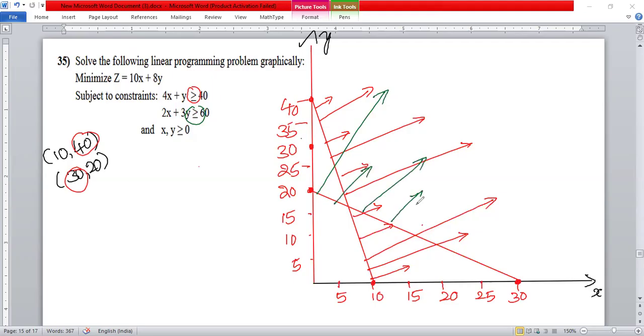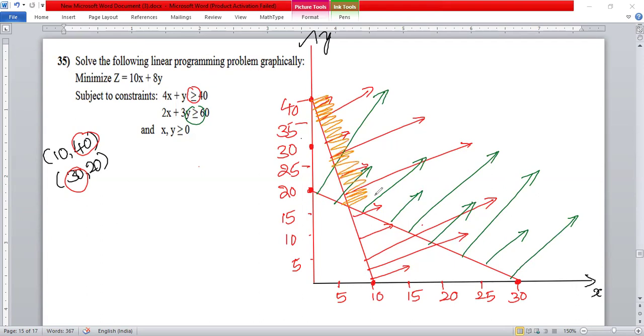Note that this is minimization. So this is unbounded solution because we didn't get any end point of the feasible solution, isn't it? So this is unbounded solution, but we are going to identify three corner points. This is the starting area of feasible solution.